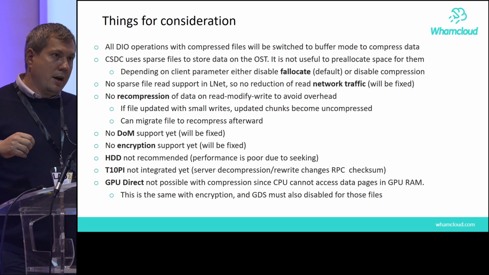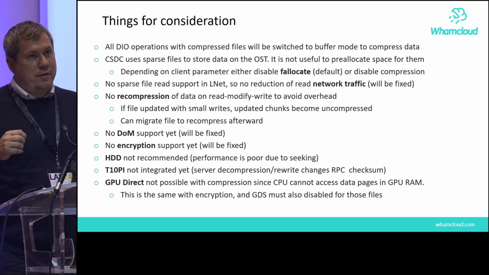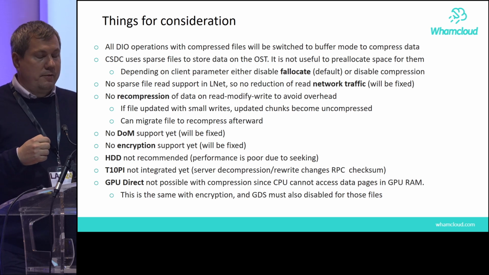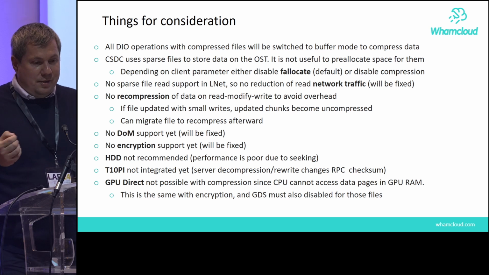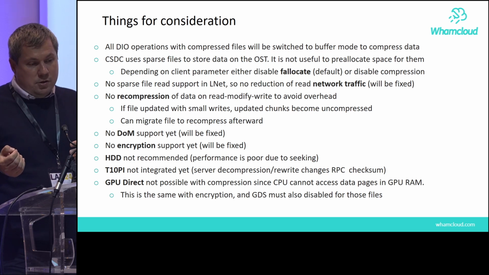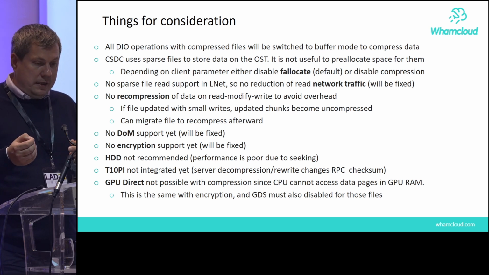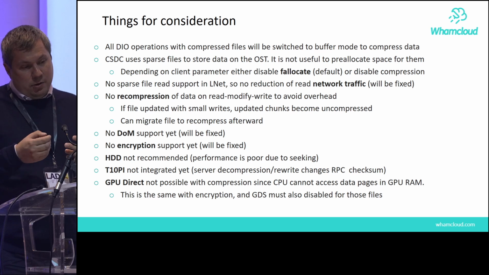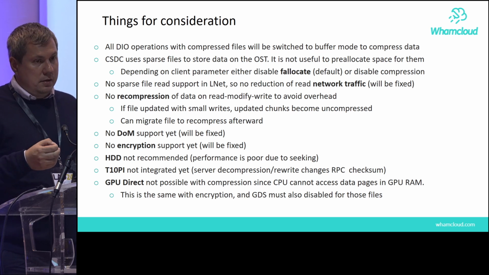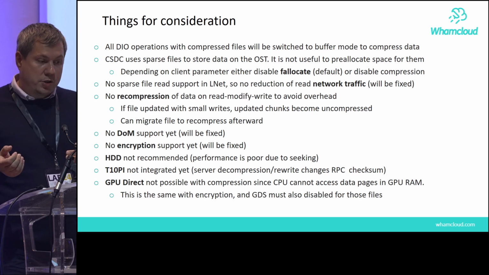So right now there is no way to distinguish whether it was a sparse file originally or this is a compressed file. And so now, in case somebody tries to use fallocate, fallocate is disabled or compression is disabled. This behavior sets a special option.